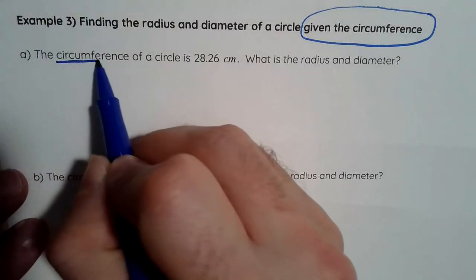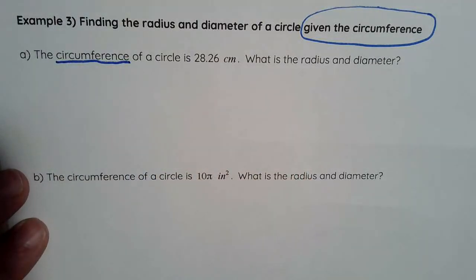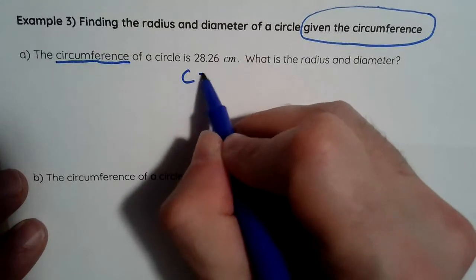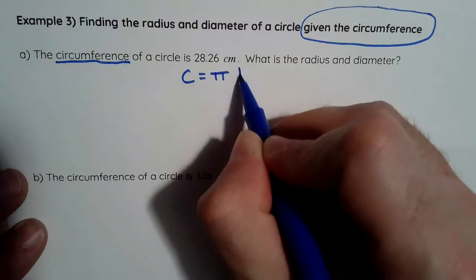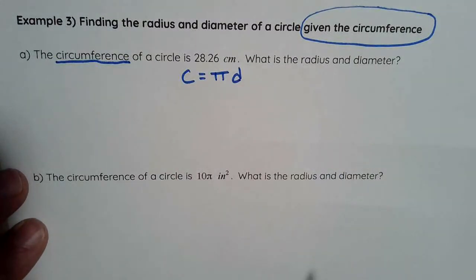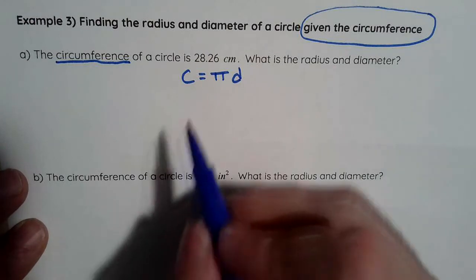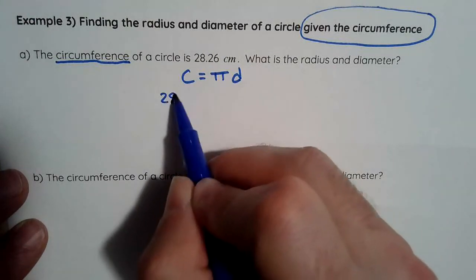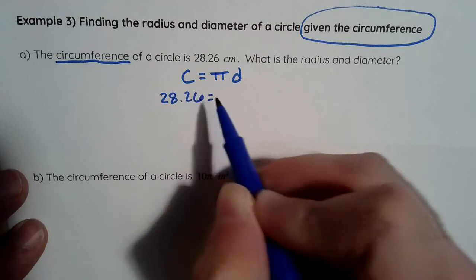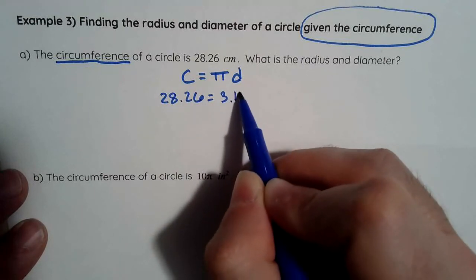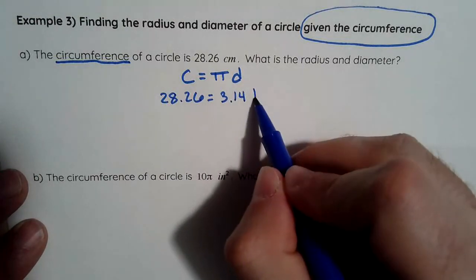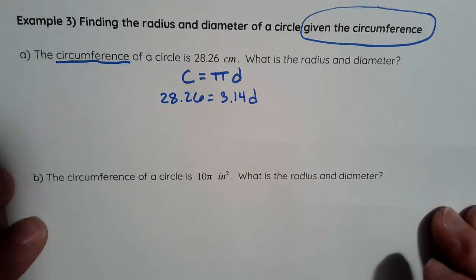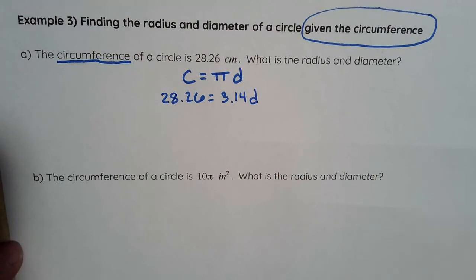Because we're dealing with circumference, I'm going to jump right to that formula. Circumference equals pi times diameter. Now I'm going to substitute in what I know. I know the circumference is 28.26. I know pi is 3.14. I do not know the diameter. So I've created an equation that has one variable, which will allow me to solve.